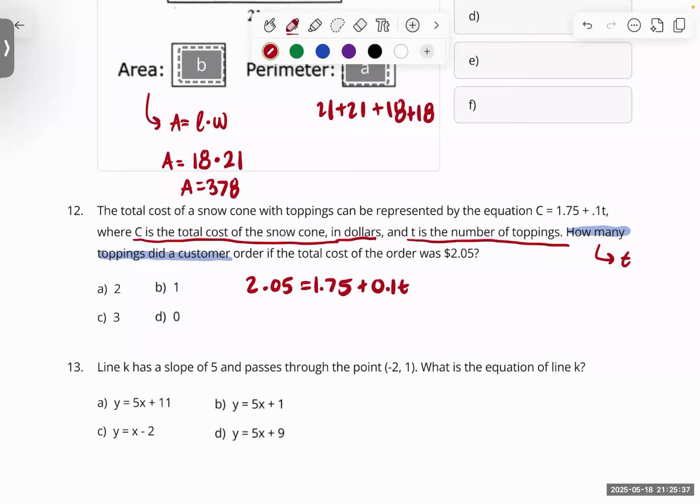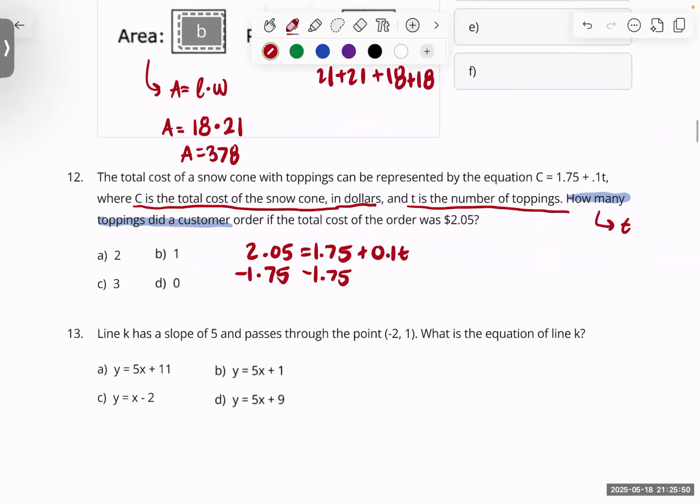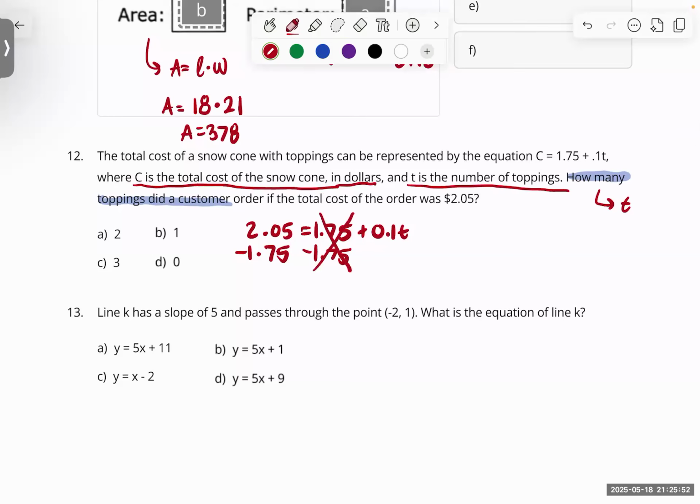And how you do that is you work from the outside to the inside. So what's in the way right now is this $1.75. So I'll subtract it from both sides. Do this in your calculator. Try not to waste too much time trying to do the math in your head or on paper. Your calculator is your best friend here.